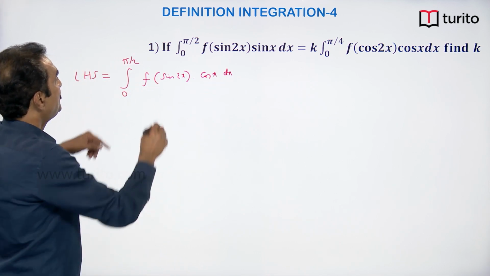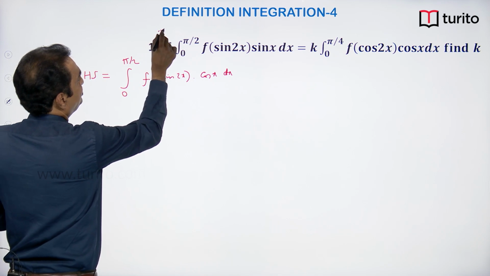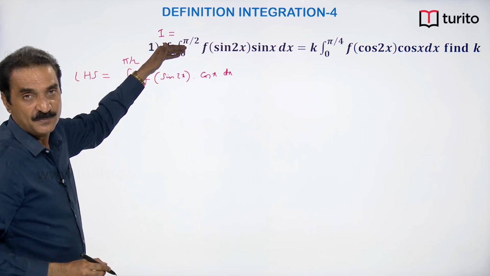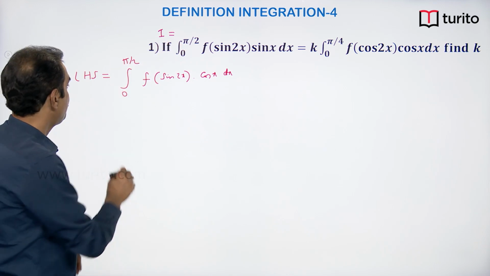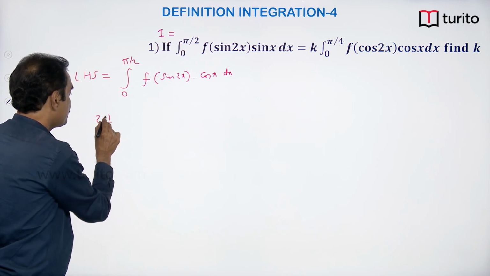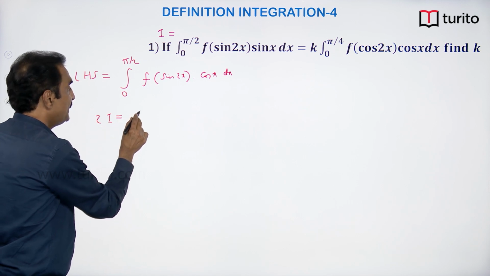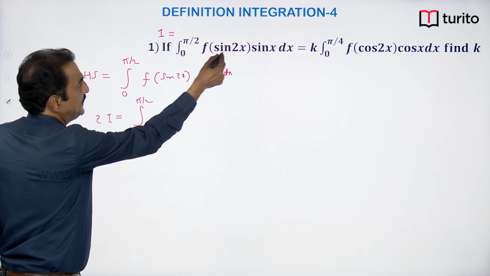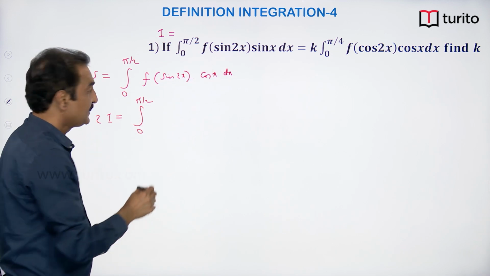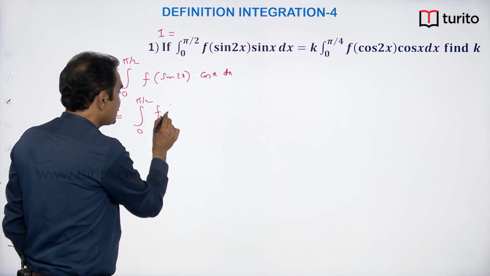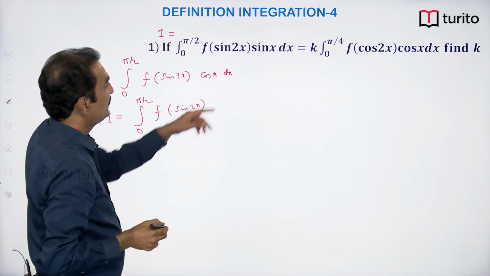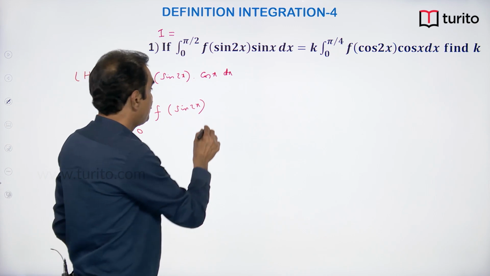Now, if you take this integral as I, this is also I. Usually after applying this property we will add the integrals. So, 2I is equal to integral 0 to pi by 2 f of sin 2x is common, f of sin 2x into sin x plus cos x.